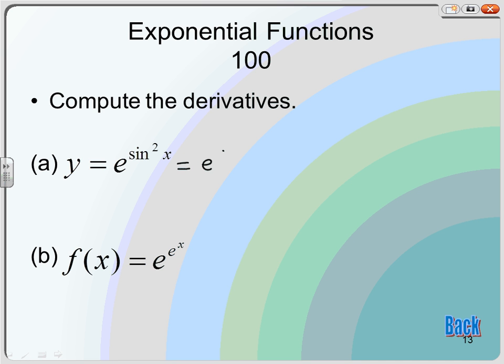This is e raised to the sine of x squared. So that might help. That means y prime. We know that the derivative of e to the u is just e to the u.